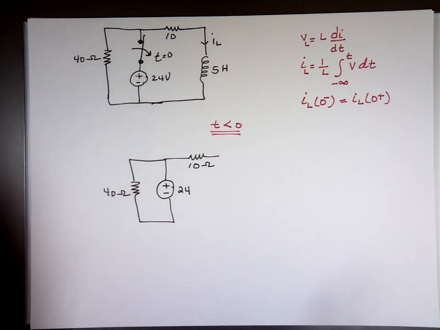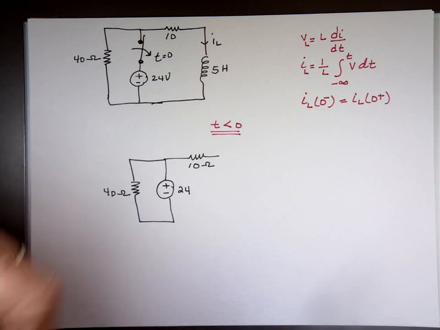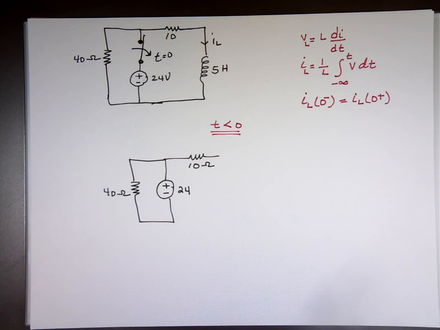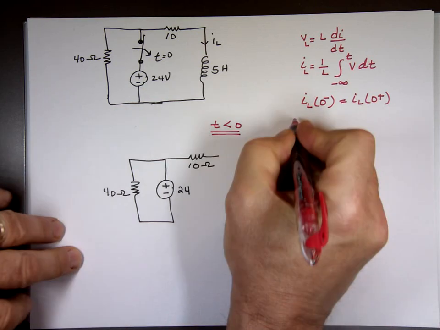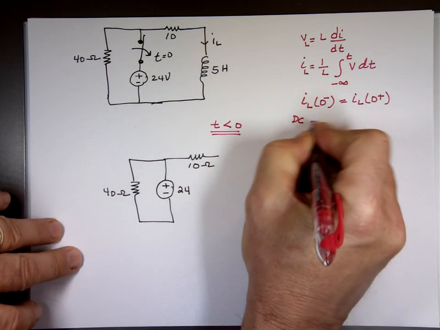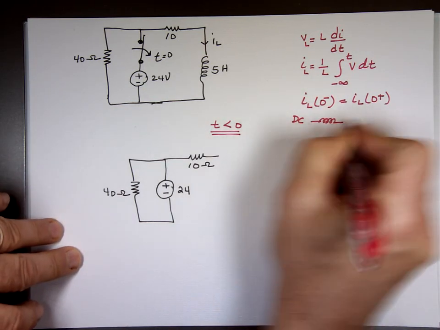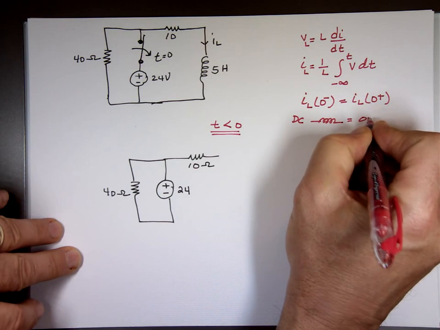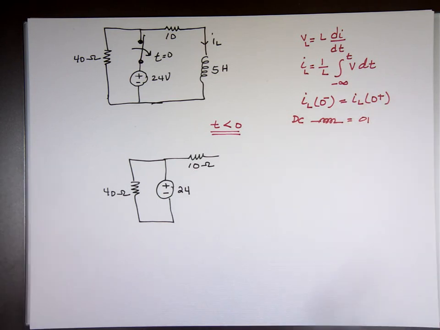What did we say about the inductor? How does it behave when you have a DC source? To a DC source, the inductor is going to behave as a short circuit, not an open circuit.